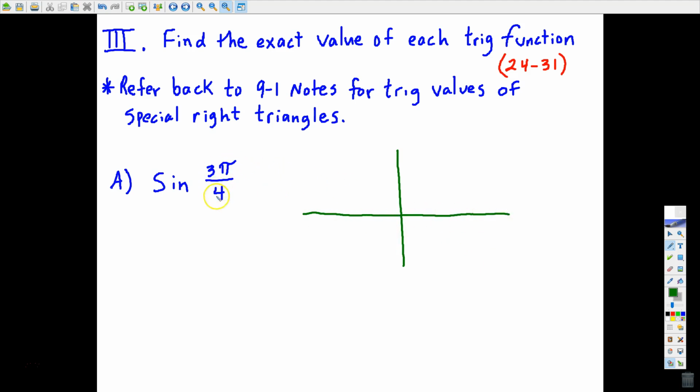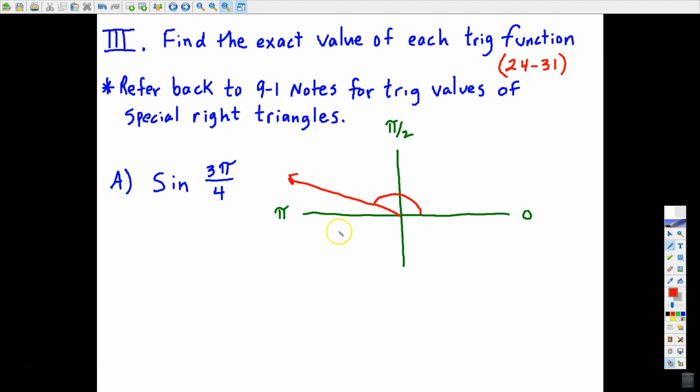Once again, this is a positive, and we can just label here we're going in a positive direction. So this is pi over 2. This is pi. And we're going to go 3/4 of the way to pi, 3/4 pi. So we can do a little sketch here. So this would be 3/4 pi, roughly.